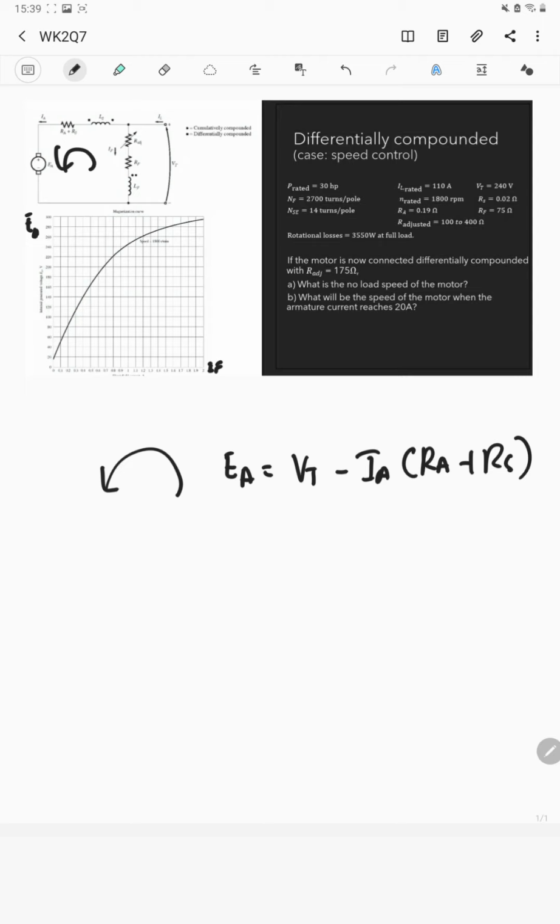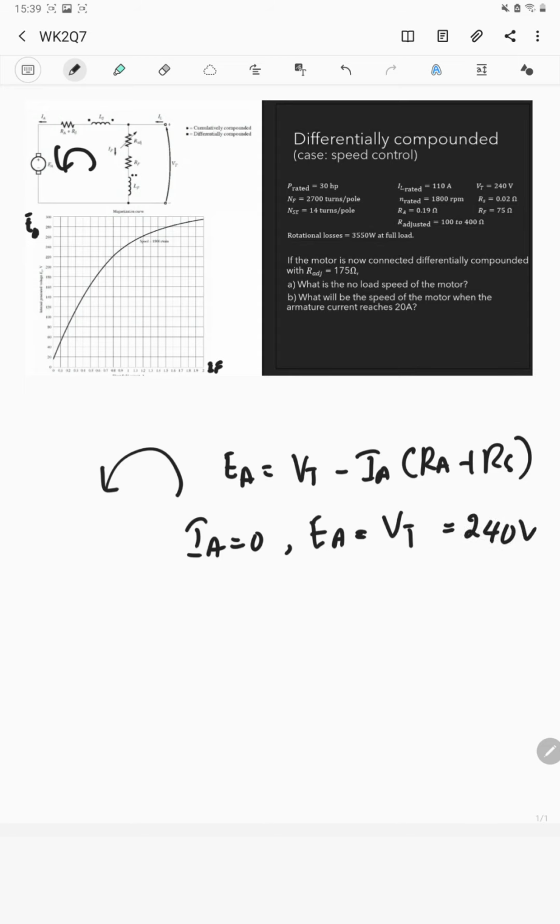At no load speed, obviously we're looking at IA equals 0, so EA will be equal to VT at this point, which is 240 volts. To use this magnetization curve, we have to find the field current when the motor is running at no load speed.